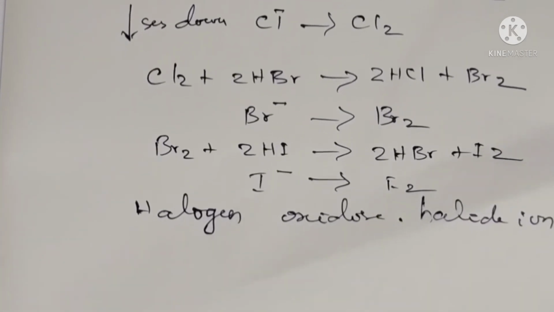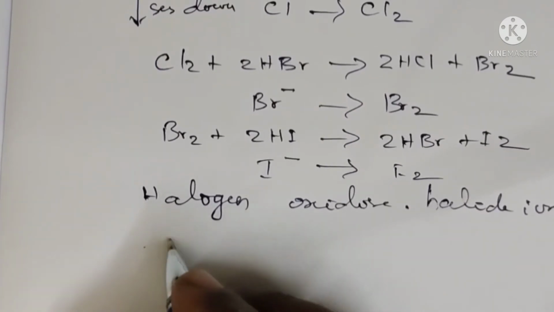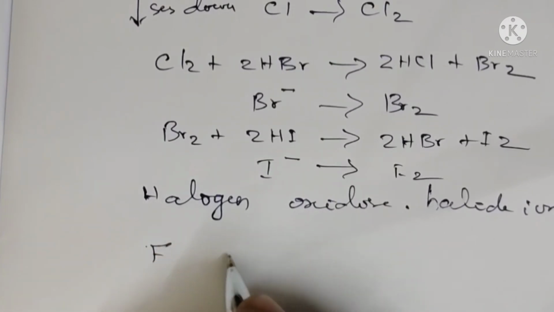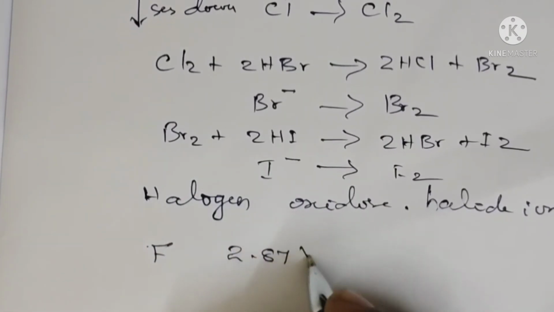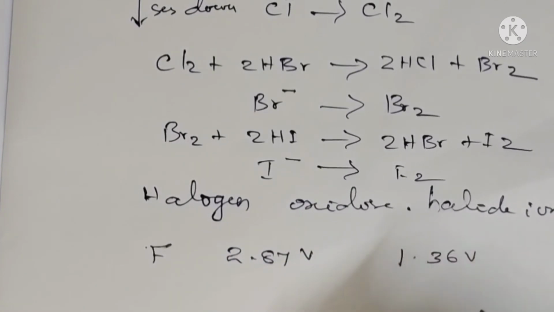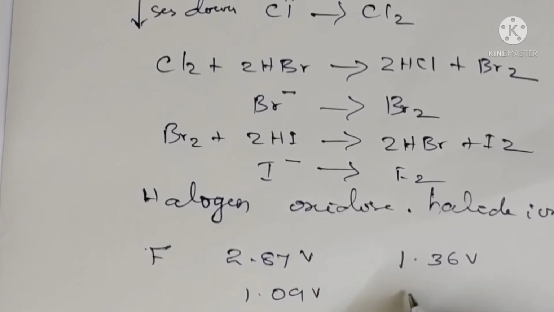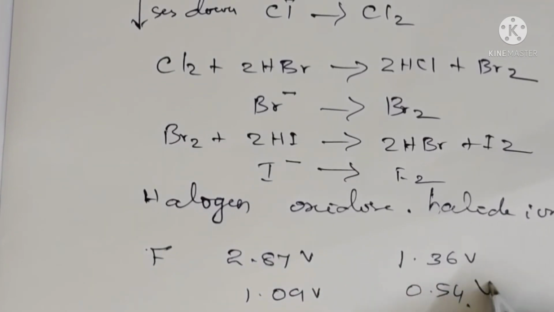The decreasing oxidizing power we can understand from the standard electrode potential value. We know that the standard electrode potential value of fluorine is 2.87 volt, whereas chlorine is 1.36 volt, bromine is 1.09 volt, iodine is 0.54 volt.